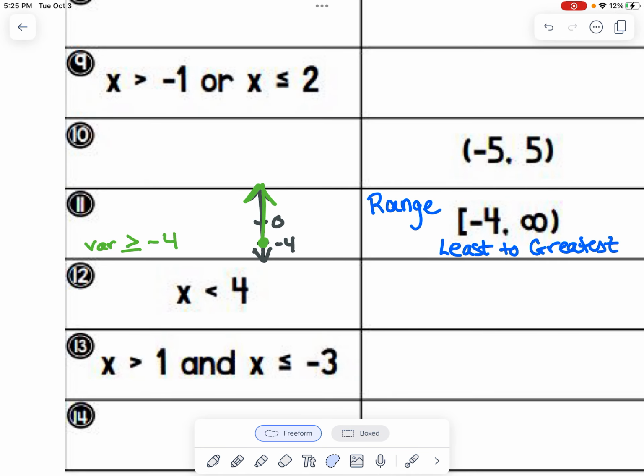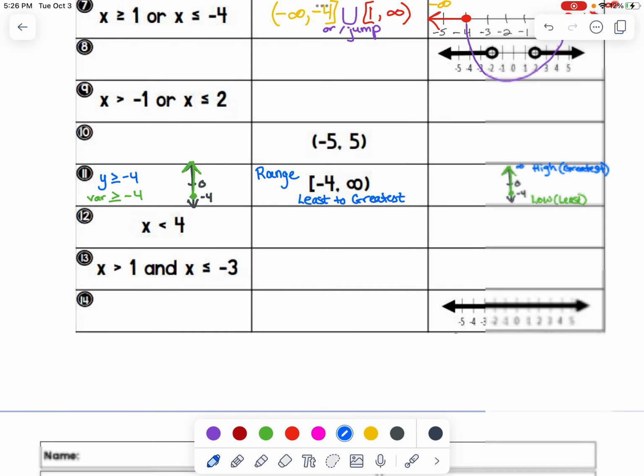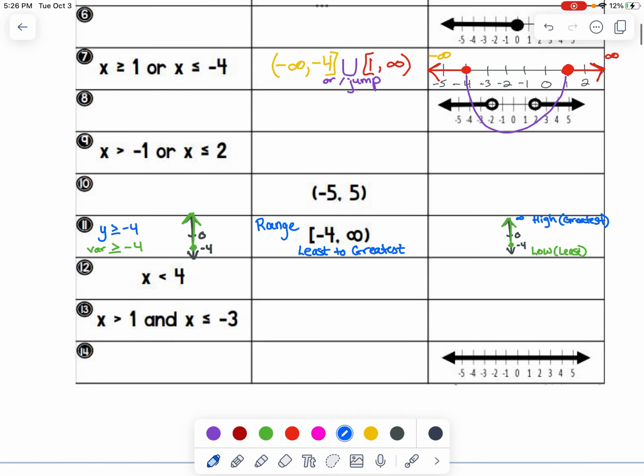Our variable for range is going to be a y. So y is greater than or equal to -4. So this is specifically, I changed 11 into a range. All of the rest of these are going to be using x. And that is your little introduction to interval notation.